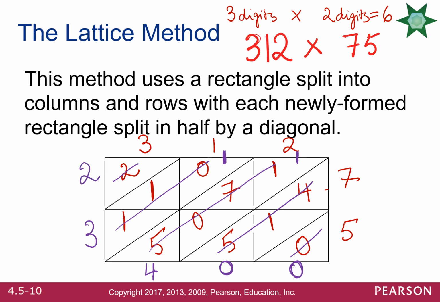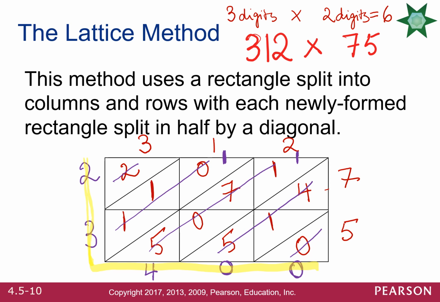So the final answer is going to be obtained by combining the digits like this. We pick the digits 2, 3, 4, 0, 0.